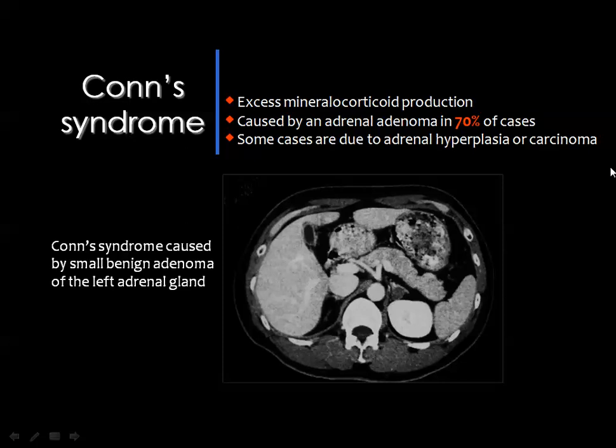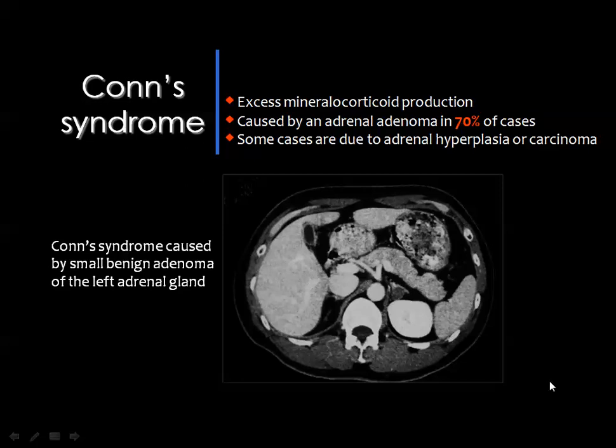Conn syndrome means that there is excess mineralocorticoids produced in the blood, and this is usually caused by a functioning adrenal adenoma in about 70% of cases. But adrenal hyperplasia or carcinoma may contribute for a minor percentage of this disease. In this CT scan, you see this adenoma in the left suprarenal gland, and then the adenoma in the suprarenal gland may be lipid rich and is functioning, and maybe lipid poor and is also functioning.